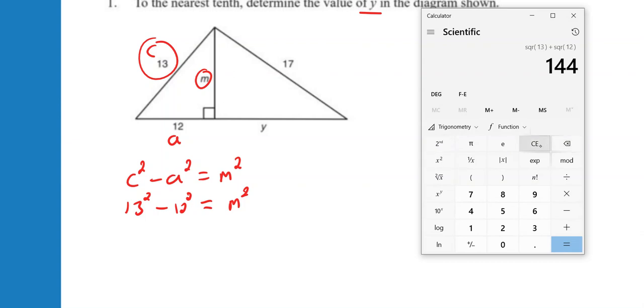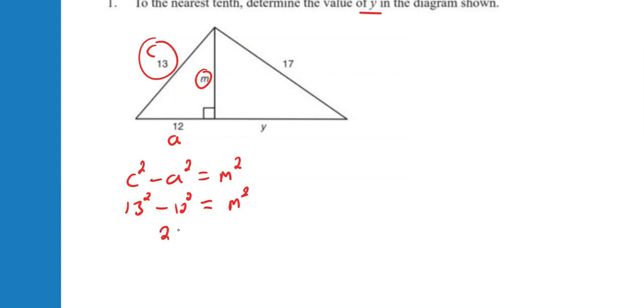Oh, not plus. Whoop, I almost made a mistake again. 13 squared minus 12 squared equals 25. That's what I got. Yep. Okay, so this is 25 is equal to m squared.